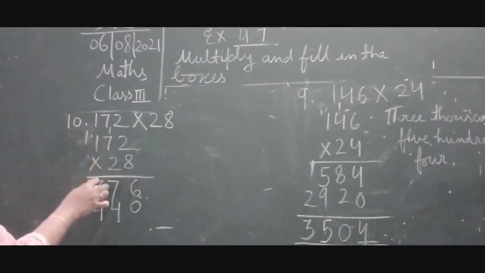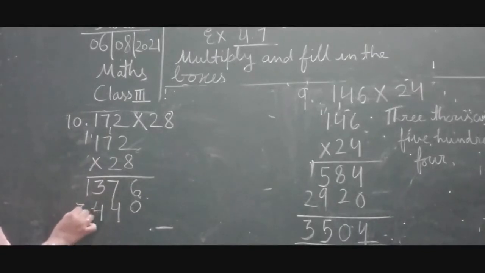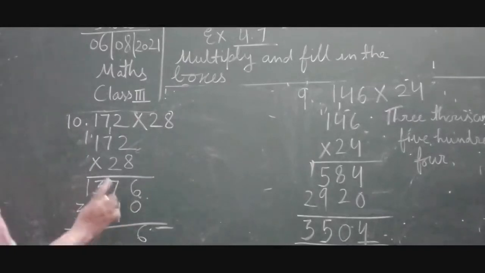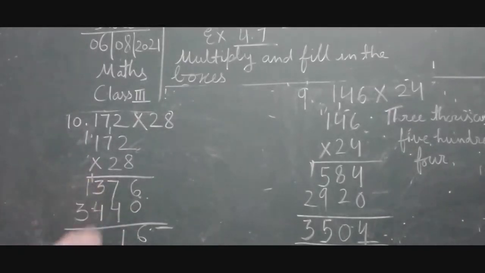So 2 1s are 2 plus 1 is 3 children. Okay. So we will write 6, 7 and 4, 11. 1 will be carry over. 4 and 3 is 7 plus 1 is 8. Now here what is left?